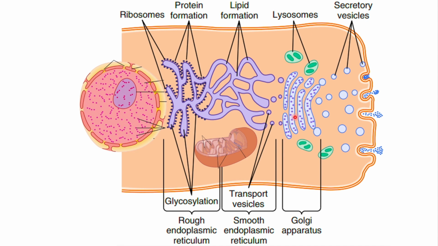So the proteins are further modified in the Golgi apparatus, and then these proteins will be packaged in the form of these vesicles, which can be lysosomes or peroxisomes or different secretory vesicles.